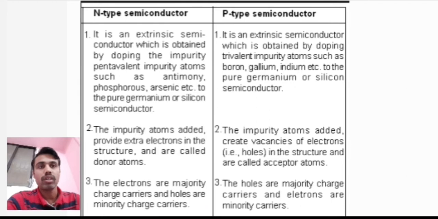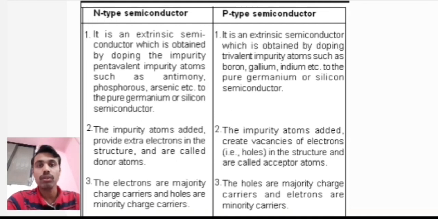On the other side, for p-type semiconductors, the impurity atoms that are added create vacancies. There is no extra electron here, but an extra hole is created. A hole is a vacancy for an electron, and it has the opposite charge of an electron.